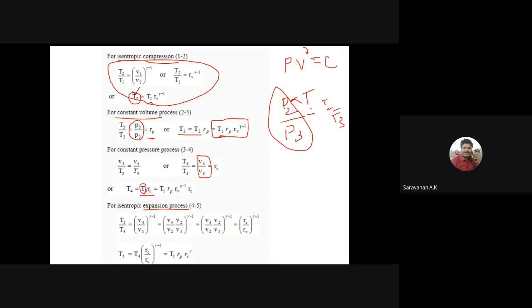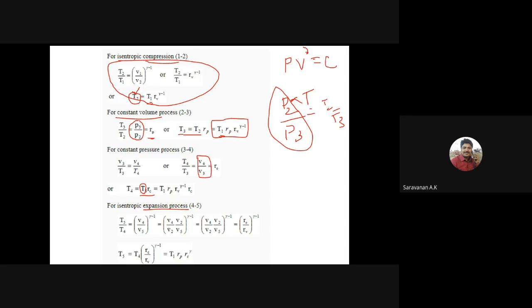T5 by T4 is given by the expansion ratio. What is the expansion ratio? The expansion ratio is the ratio between the volume before the expansion and after the expansion, so V4 by V5 power gamma minus 1, right?